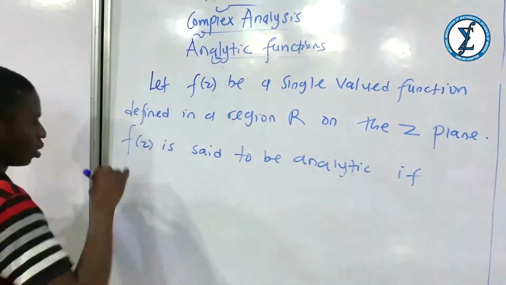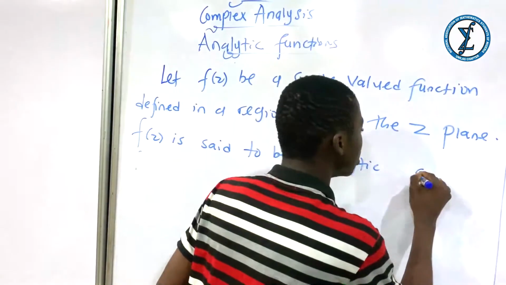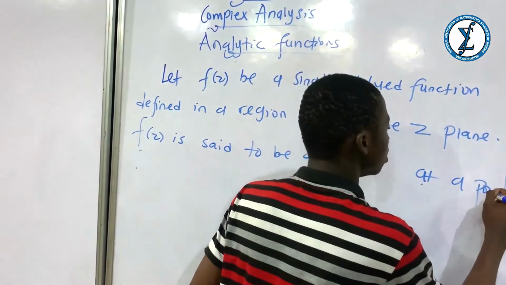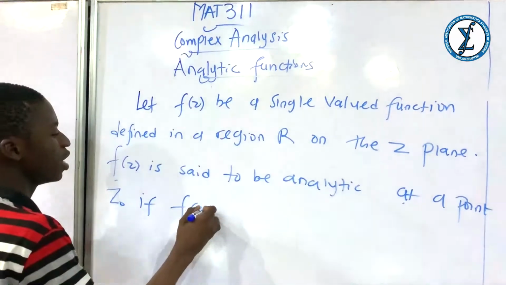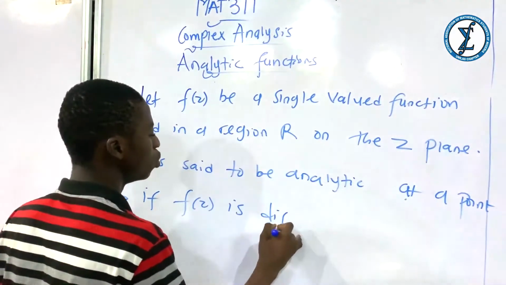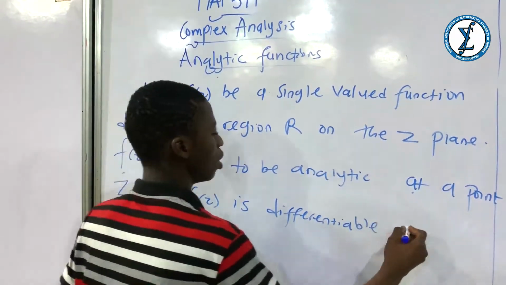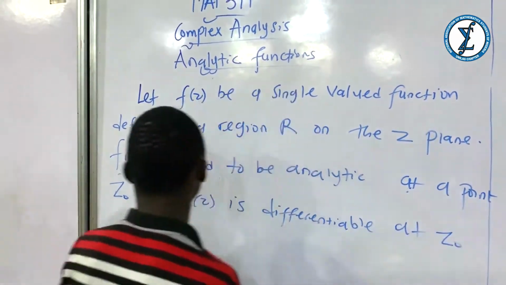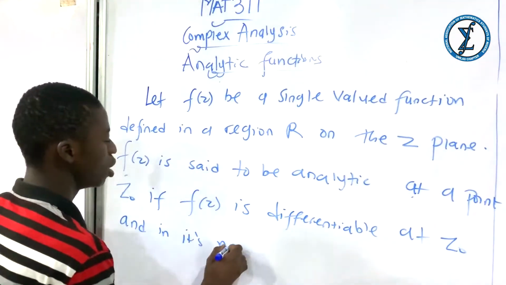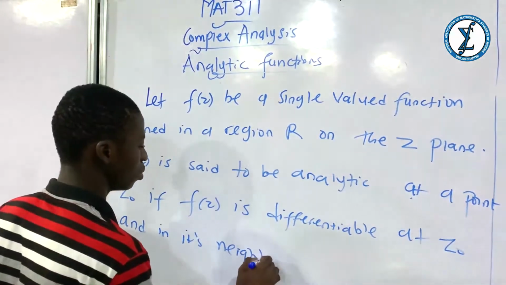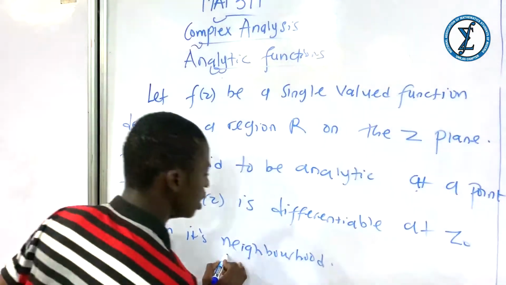f of z is said to be analytic at a point z0 if f of z is differentiable at z0 and in its neighborhood. So what do I mean by its neighborhood?